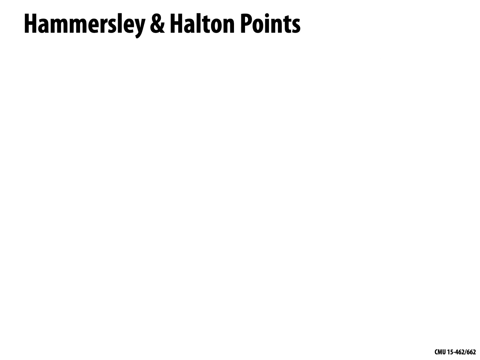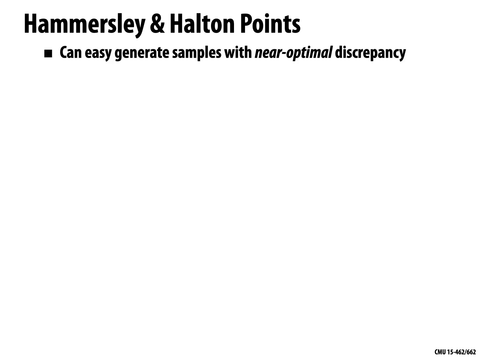Okay, so how do we actually generate some low discrepancy samples? We can't just call our uniform random number generator anymore, but we can actually generate samples with near optimal discrepancy pretty easily. So just to sketch this out, I won't go into gross detail about everything, but first what we're going to do is define something called the radical inverse.